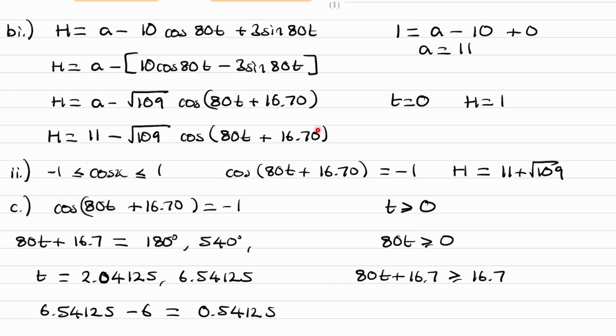The plus 16.7 will be a shift towards the left, horizontally. The root 109 will multiply all of the y coordinates by root 109, so it's a stretch vertically. The minus sign is a reflection in the x-axis, and the 11 is a vertical shift of 11. All of the y coordinates have had 11 added to them.